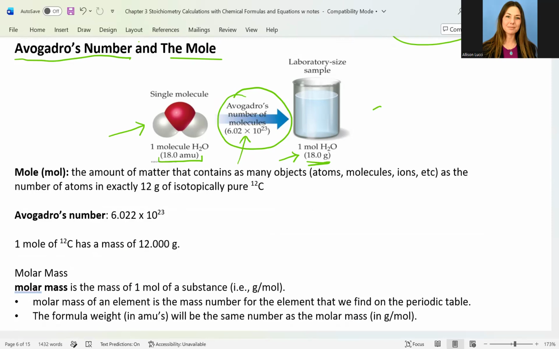So over here, I show that if I have 1 mole of water, I'm going to have 6.022 times 10 to the 23rd of those water molecules in this beaker here. And that would weigh exactly 18.0 grams. So notice that there's a direct relationship between the molecular atomic mass unit and the gram as our unit.